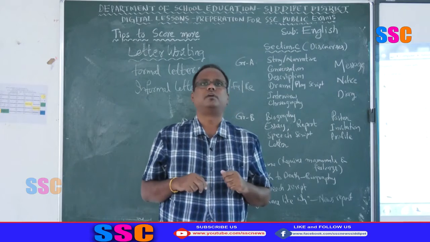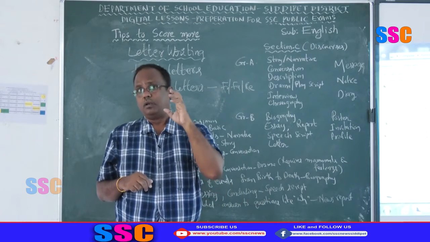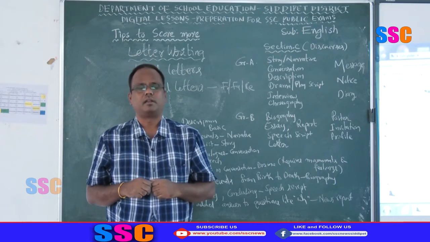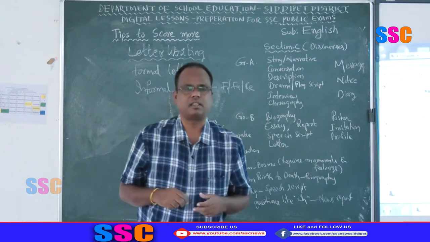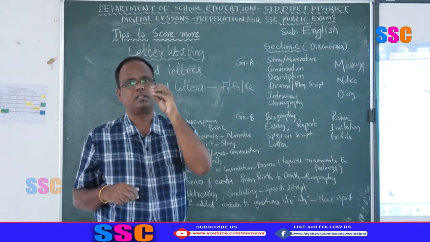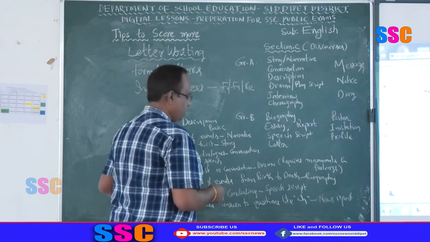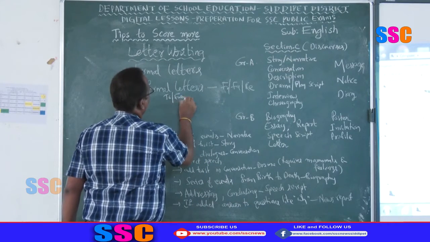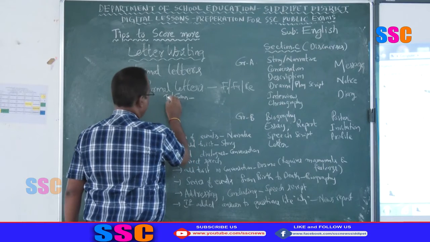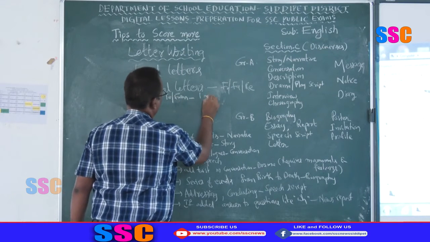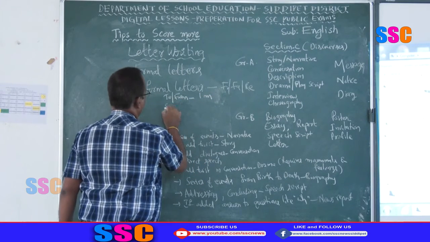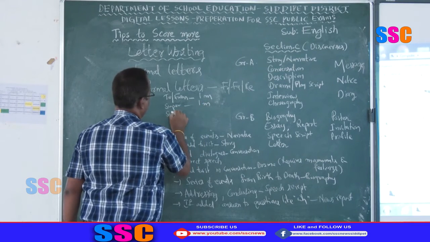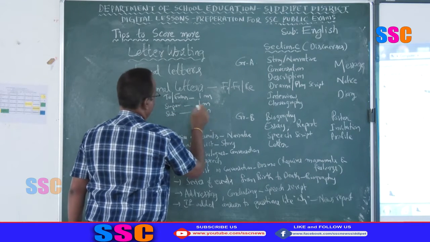But once we look into the marking strategy by the examiner, you can understand where you can score more. In letter writing, if to and from address is there, it carries 1 mark. If superscription is there, it carries 1 mark. If subscription is there, it carries 1 mark.